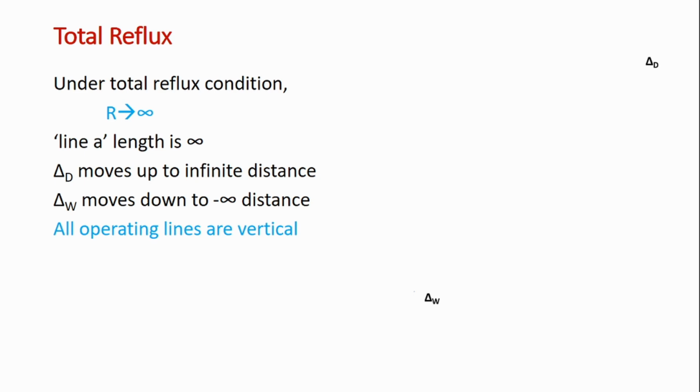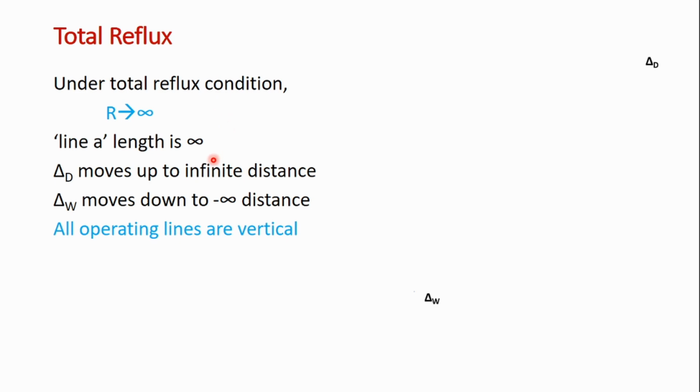Under total reflux condition, your reflux value is increased very high. That means in L0 by D, L0 is increased very high, it is infinite. So almost all the reflux is sent back into the column. That is the total reflux condition.